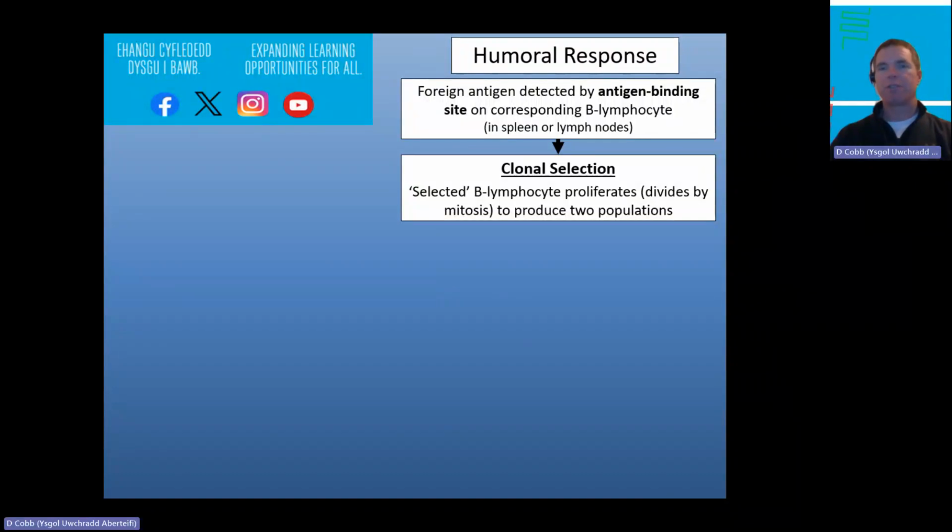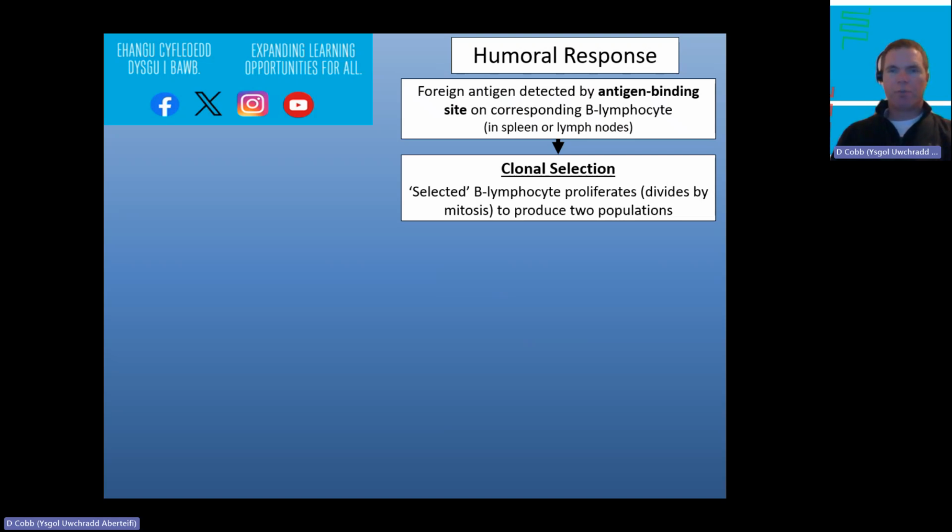We can say divides by mitosis, but the key word to use is proliferates, to produce lots and lots of copies of itself. It's like we're saying this B lymphocyte is the one that we now need to take action with, because it is the one which is specific to the foreign antigen which has entered the body at this time. So we need to make more copies of it, and it proliferates, divides by mitosis.